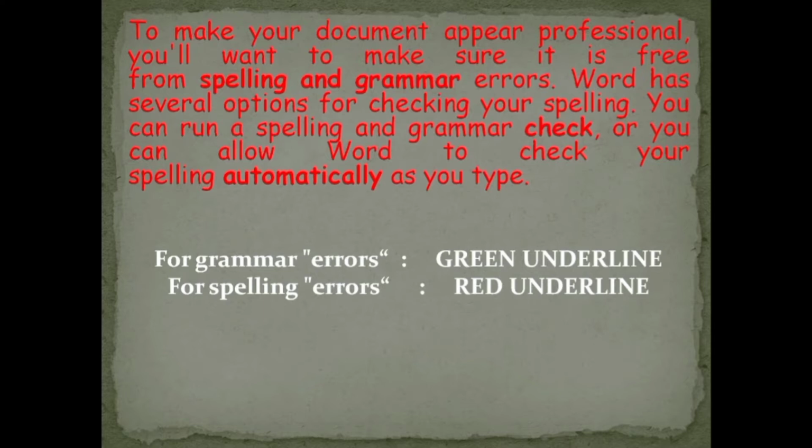For example, suppose we write Mr. Deep or Mr. George in the beginning of a letter, the blue wavy underline will appear under the word deep as it is a contextual error. Or if we write something like deer, D-E-E-R, then it also shows us a contextual error.